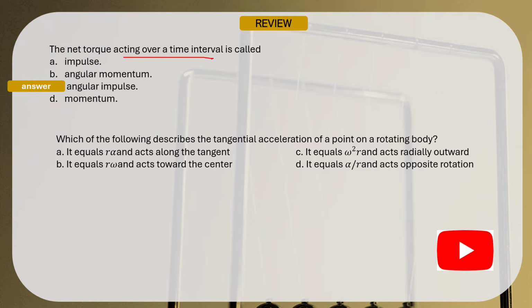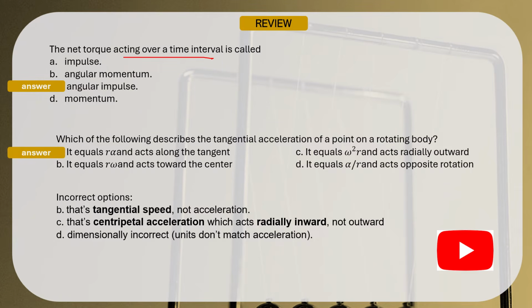Option C, it equals the angular velocity squared multiplied by the radius and acts radially outward. And letter D, it equals the angular acceleration over the radius and acts opposite the rotation. The answer for this question is A. It equals the radius times the angular acceleration and acts along the tangent.